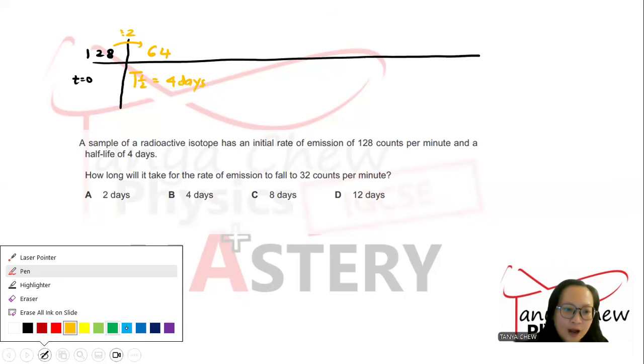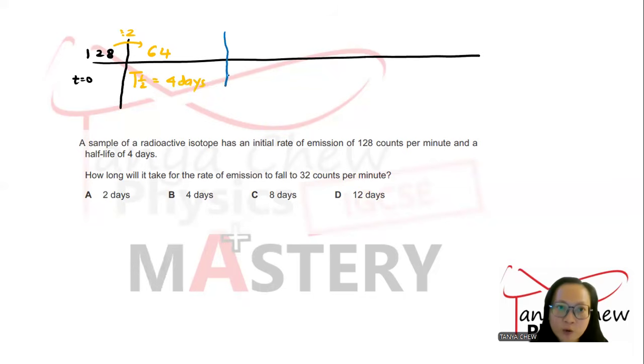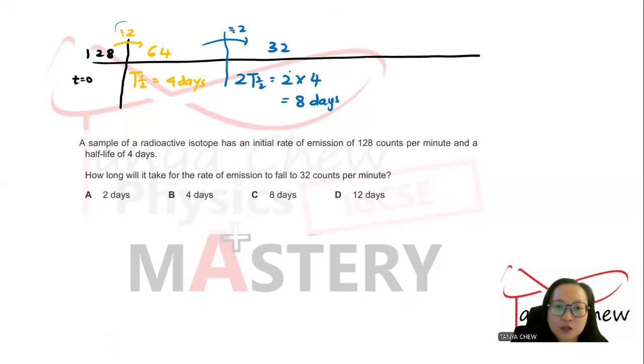And then, because the decaying graph is exponential, it keeps on decreasing by 2. This is 32. This is already 2 half-life. Why? Because I have divided by 2 twice. 2 half-life, so 2 times 4, which is 8 days. I want 32 counts per minute. That is 8 days. So C is the answer.